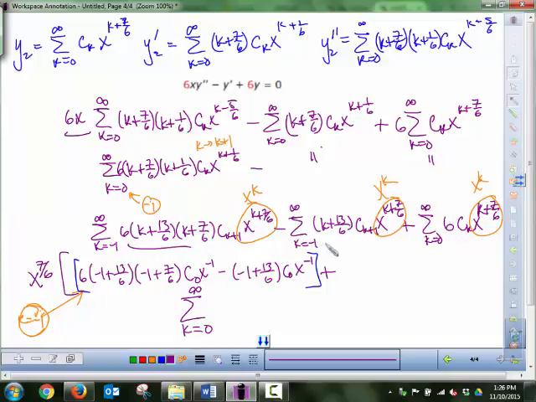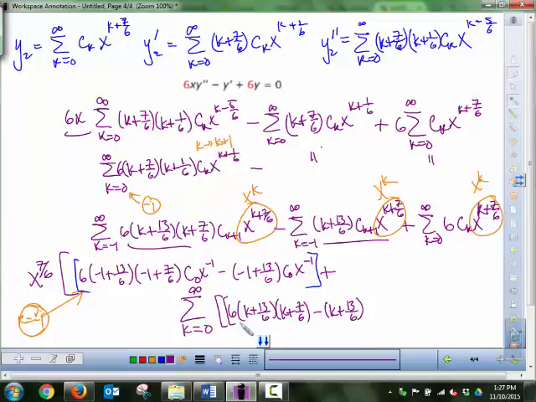Now remember, the first two have the same c sub k plus 1 and an x to the k. So I have 6 times (k plus 13/6) times (k plus 7/6), and then c sub k plus 1, I'll factor that out later, and then I have minus (k plus 13/6).